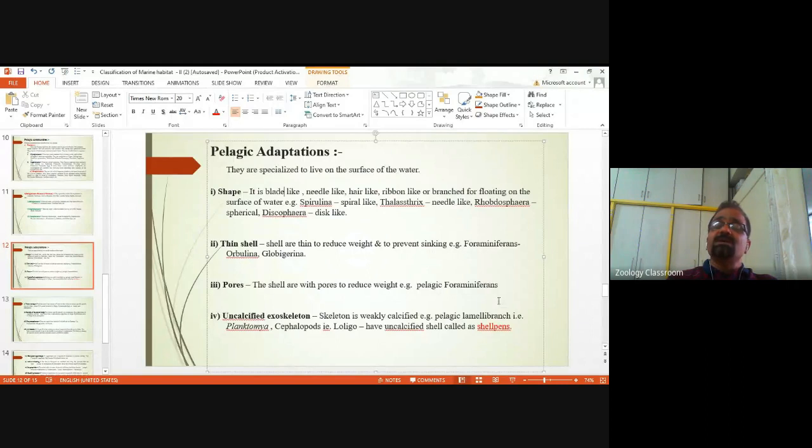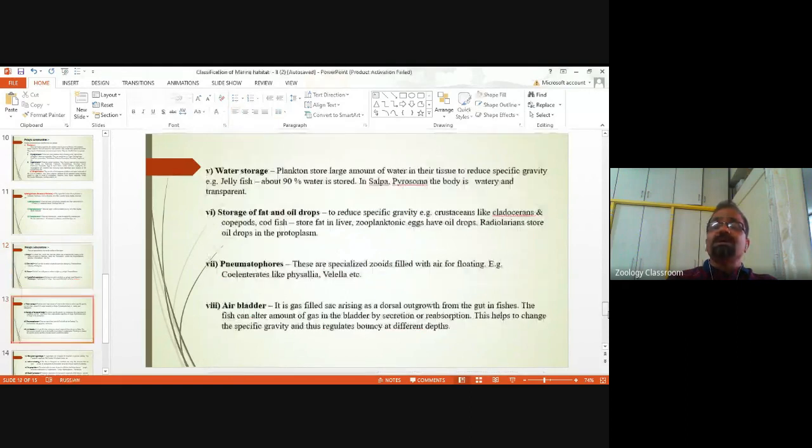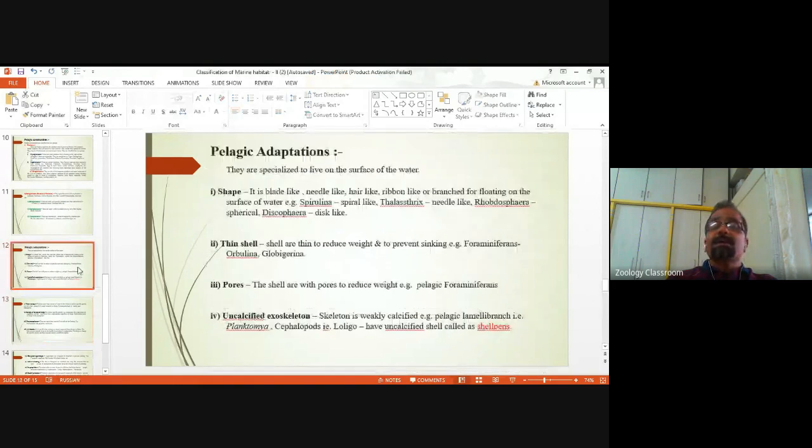All pelagic foraminiferans. There are certain foraminiferans which do not have the porous shell, which can also sink, or they settle at the bottom also.